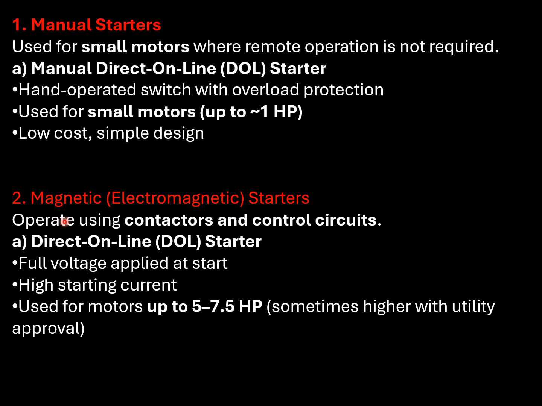Second, magnetic or electromagnetic starters operate using contactors and control circuits. They are direct on line starters, full voltage applied at the start, high inrush starting current, used for motors up to 5 to 75 HP.